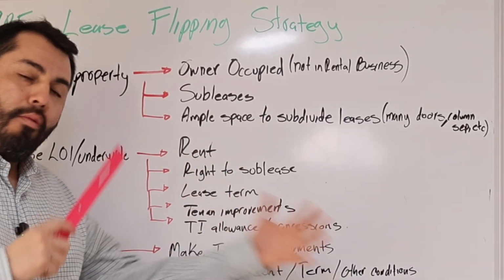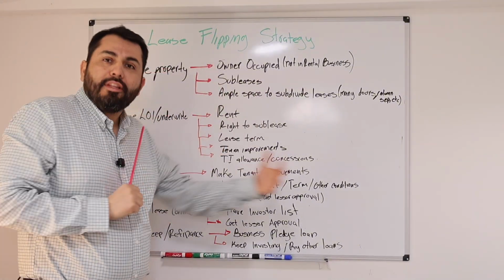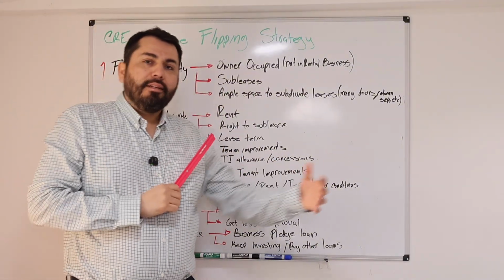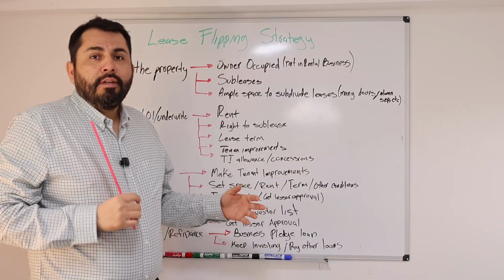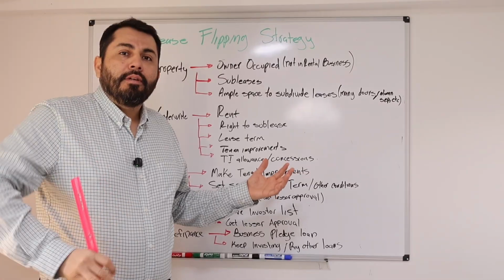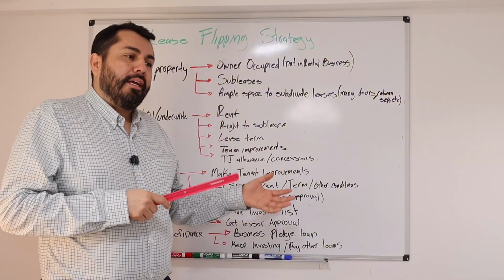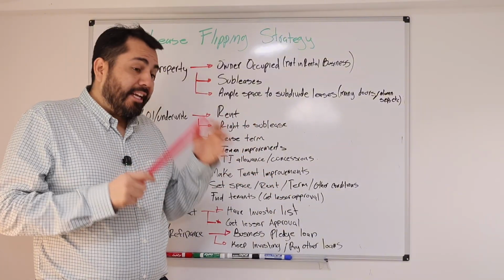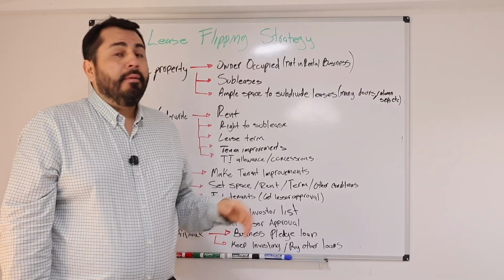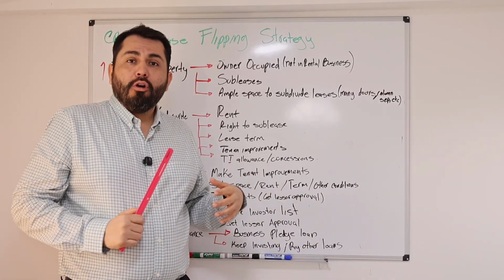These are companies that are not the owner of the building, but probably 2 or 3 years ago, they rented more space than they need. Now they realize they need less space, and they need to recoup some money.